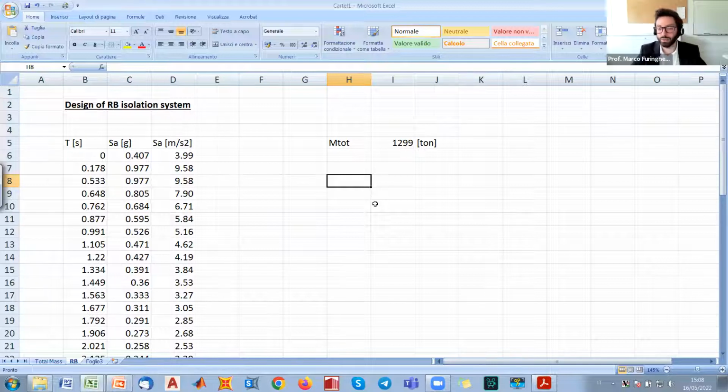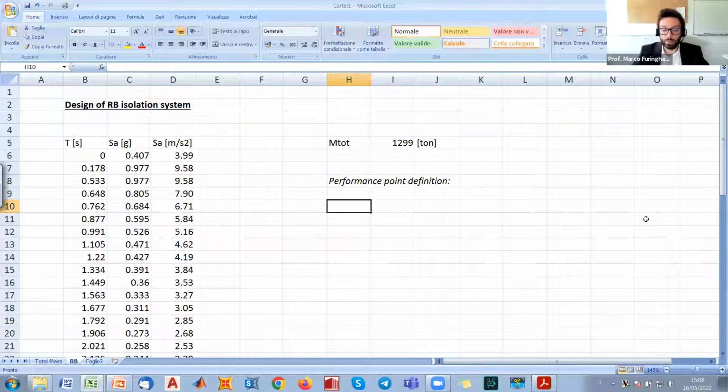So let's go through the second step of the procedure that we have seen last Friday, which is the definition of the performance point. We define the performance point according to the isolation. We will choose a very high value. Let's start from 3 seconds.